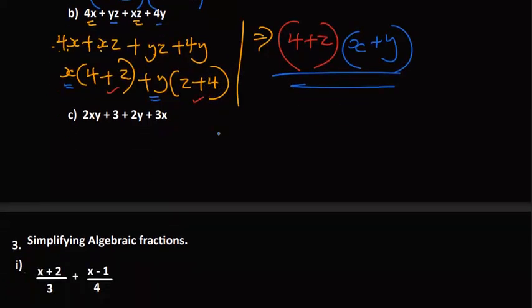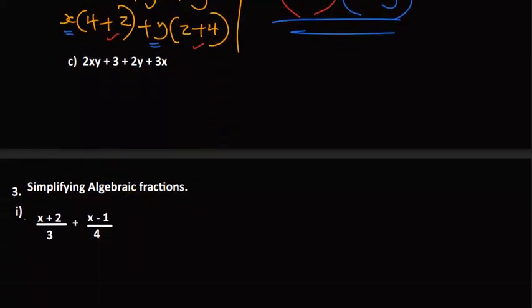Let's look at the last question on that. 2xy plus 3 plus 2y plus 3x. Let's pick those with x. So I can see only 2. So we'll start with them. 2xy, then plus 3x.